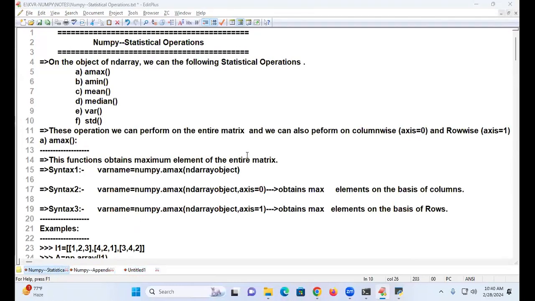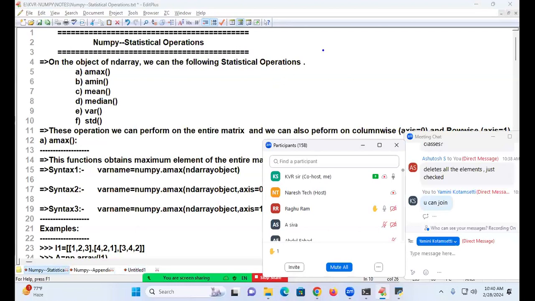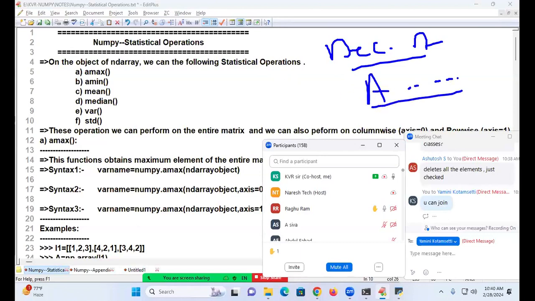Suppose, for example, you take a deck of cards. Do you know a deck of cards? Yes, sir. In that, there are some different types of cards, or not? Yes, sir. Out of how many cards? 52 cards. A will be coming how many times? 4 times, sir.